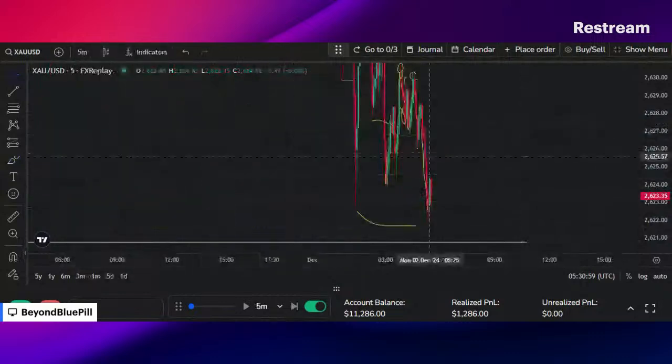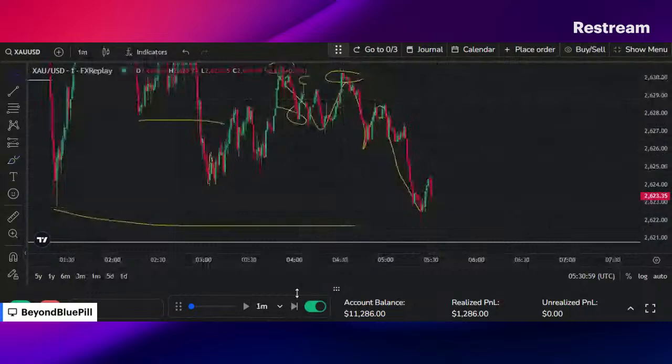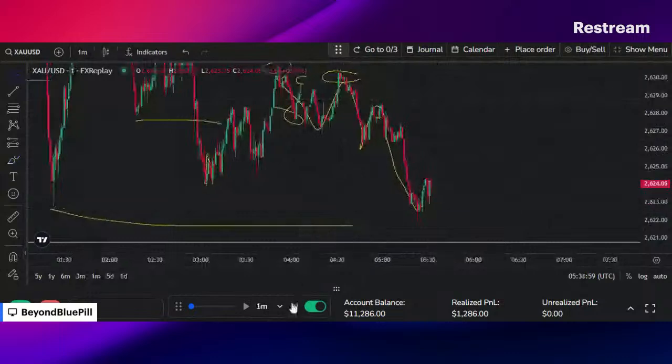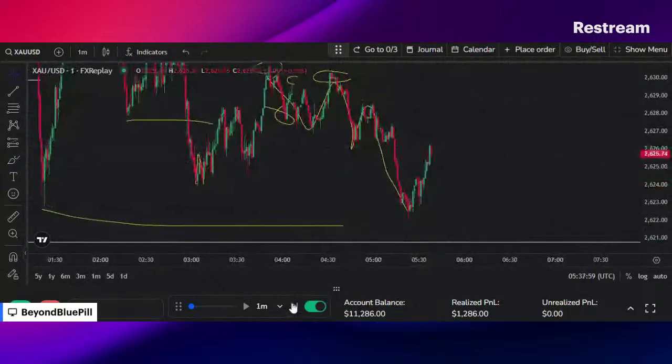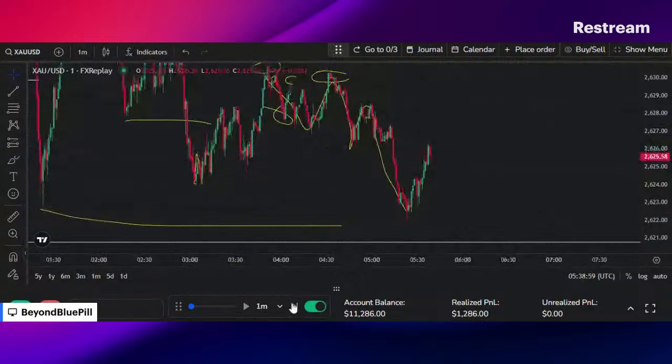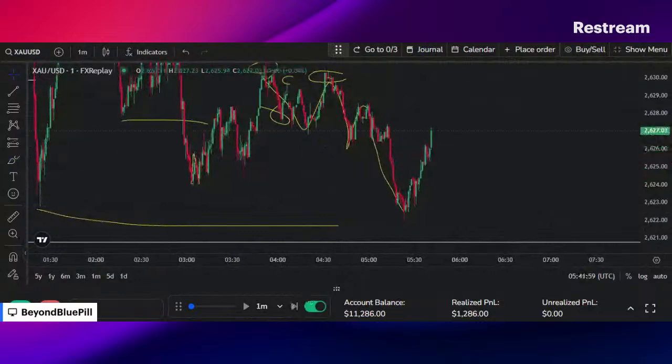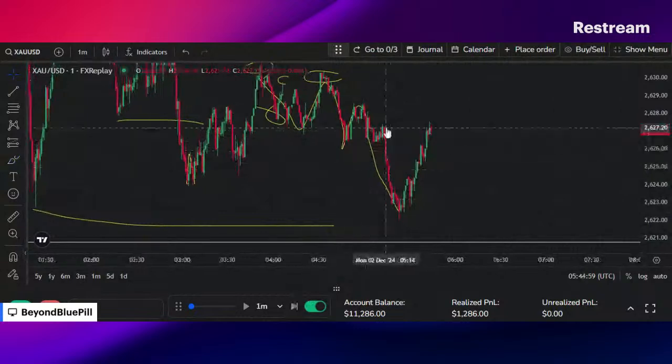Okay, looks like it might trade below, but I'm not in right now. Alright, nice move. We have our SMDR got taken. We took the SNDR.